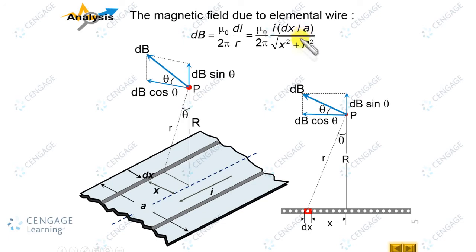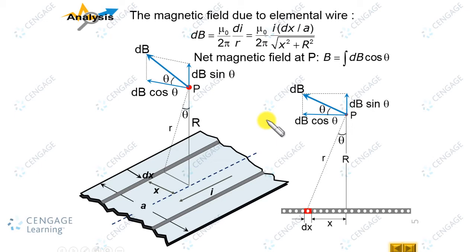Okay, as we discussed, this component dB sin theta will get cancelled. That means the net component is equal to dB cos theta. It means the net magnetic field at point P because of this current strip should be the integral of dB cos theta. So let us write this as an integral of dB cos theta.